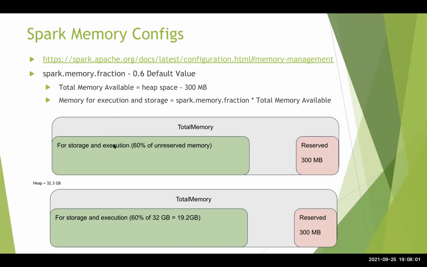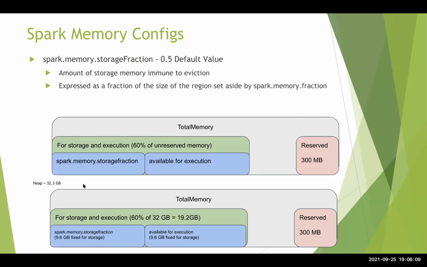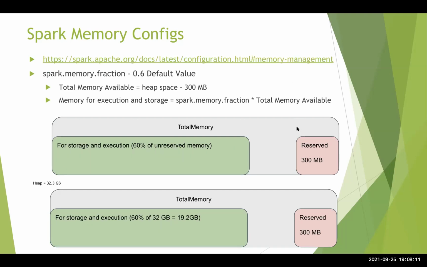Now 60% of the total memory, and you don't include the reserved part in this. Whatever you have left from here till here, 60% of that is reserved for storage and execution. By default there is a configuration called spark.memory.fraction.